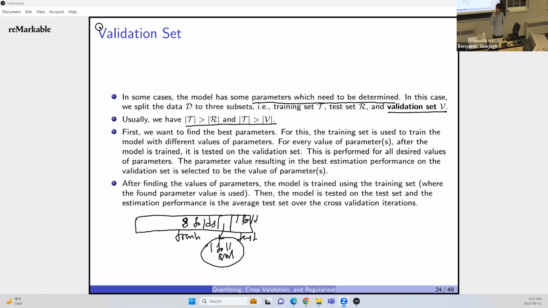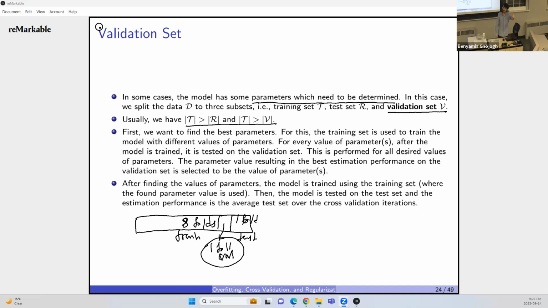Okay? The validation error. Then do you agree? So each hyperparameter value gives me an average validation error. Why average? Because I have folds of cross-validation, right? Then I can see which hyperparameter value gave me the minimum validation error.